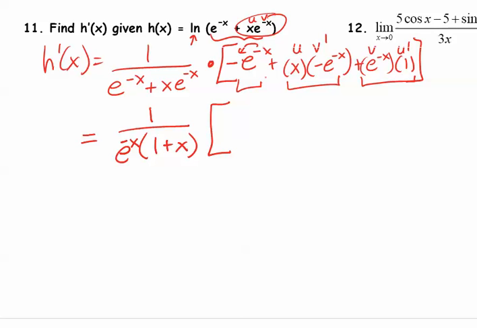And the question is whether we want to factor out a negative sign here. That would be up to you. Let's just factor out the e to the negative x, and then let's see what terms we would have. We would have a negative 1, and then we would have a negative x, and then we would have a positive 1. So these two terms are going to cancel each other out.